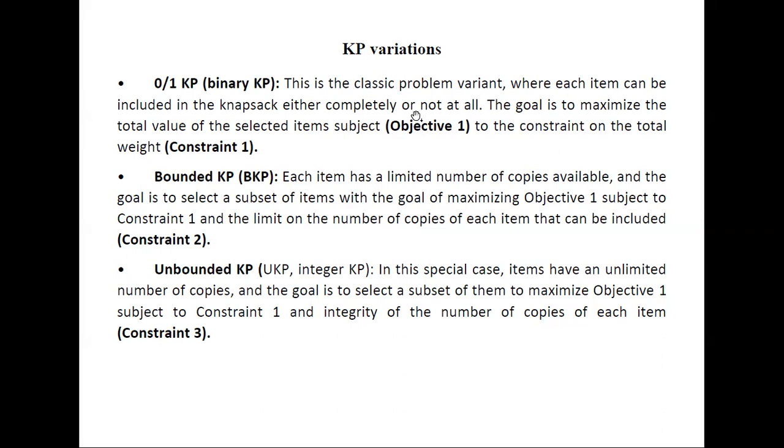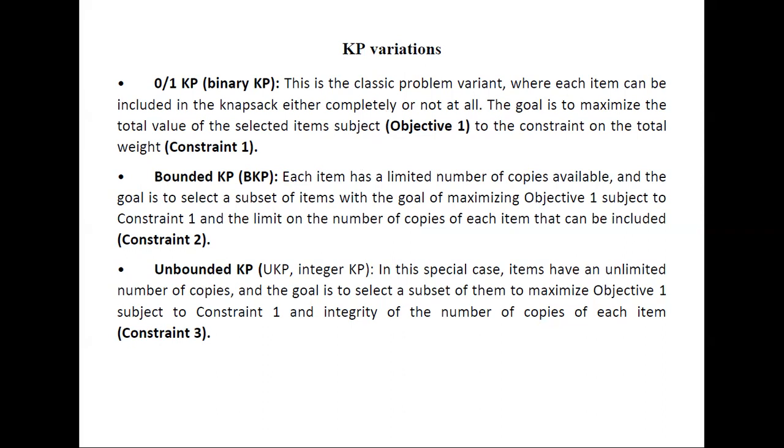The bounded knapsack problem, BKP, is the variant where each item can be repeated, and there is a limited number of copies available for each item.